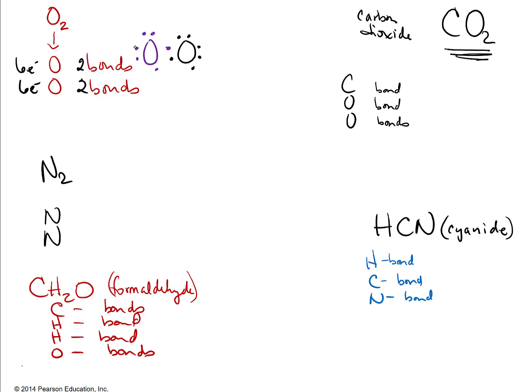Can you see that there is a missing one here and a missing one here? But I've used all of my electrons. I only have 12, so all 12 are down.